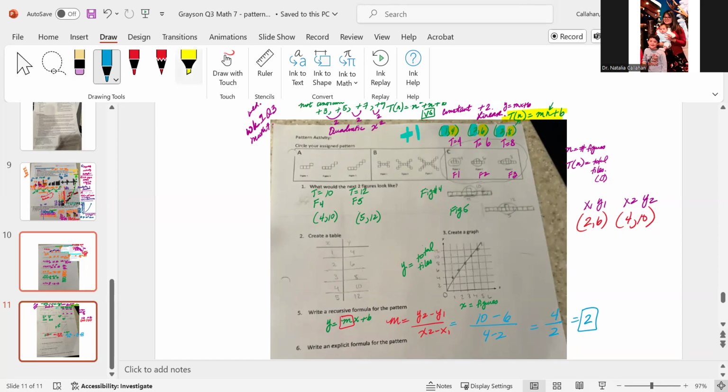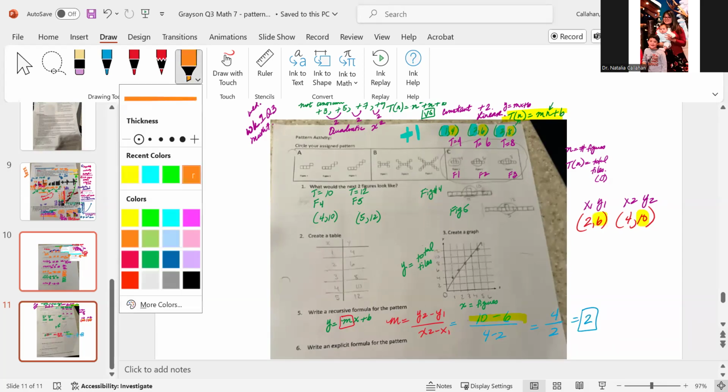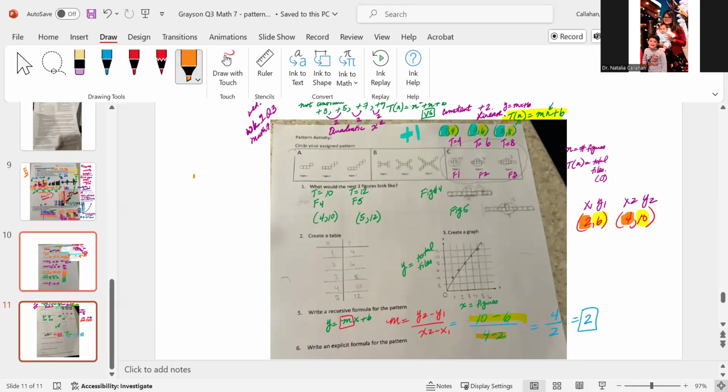I mean, come on. You're just plugging numbers in. y2 minus y1, right there. x2 minus x1, right there. Next time it might be easier if you pick 2 points next to each other, like figure 1, figure 2. I think you probably put x2 instead of y2. You were supposed to do y2, not x2. So just don't make that mistake again.